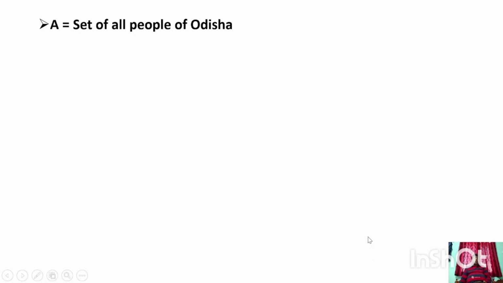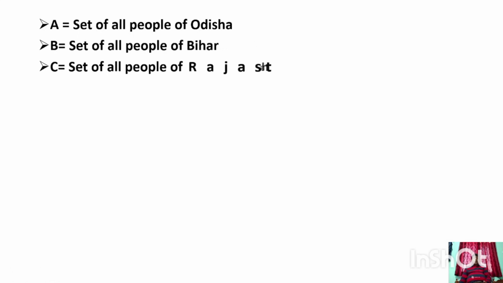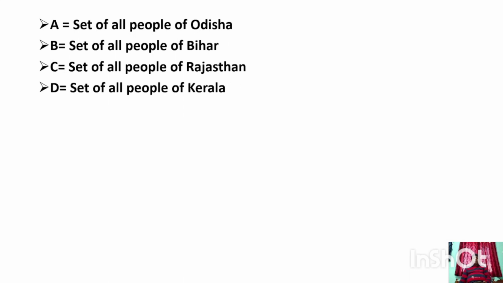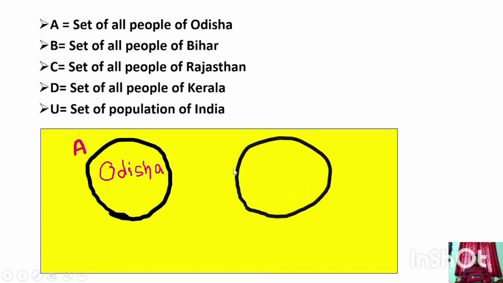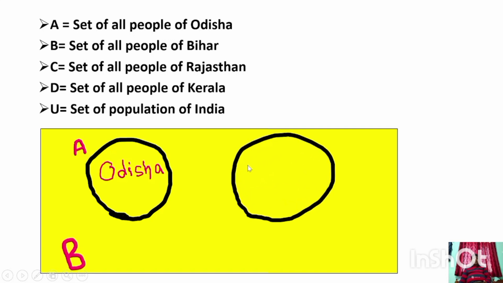Another interesting example. The set A is the set of all the people of Odisha. The set B is the set of all people in Bihar. The set C is all the people of Rajasthan, the set D is all the people of Kerala, then E is the set of the population of India. You can clearly understand the universal set. Look at the Venn diagram here. Yes, this is set A, Odisha. Okay, understand?